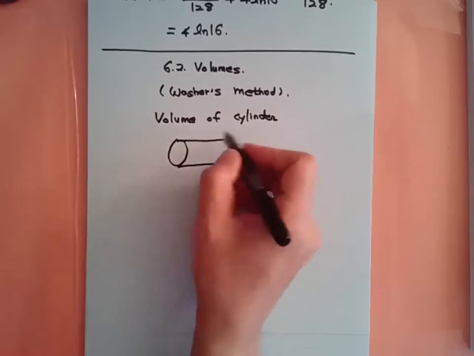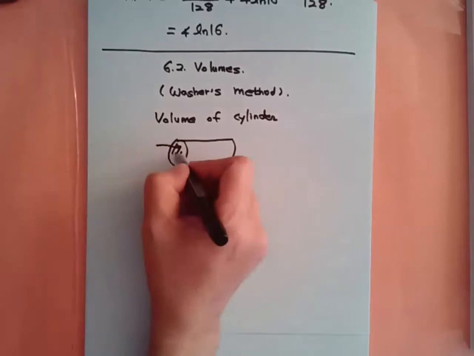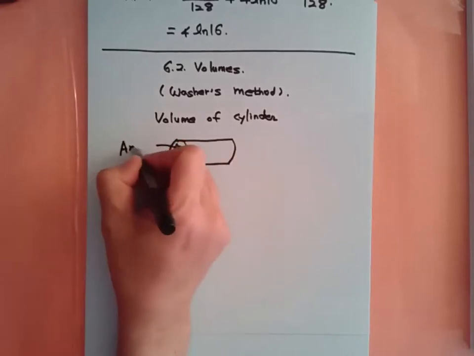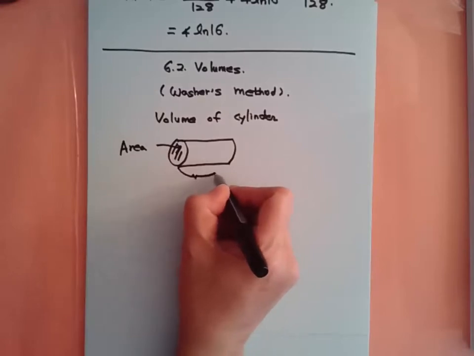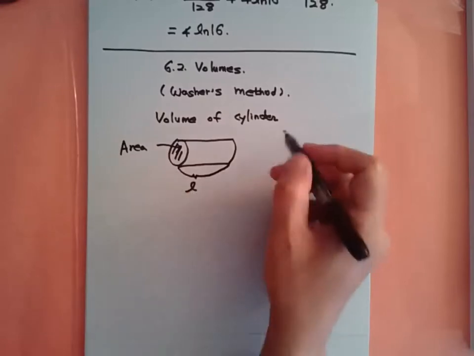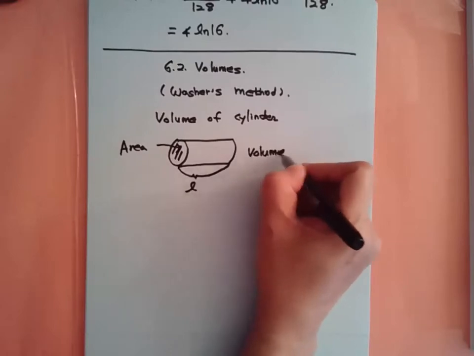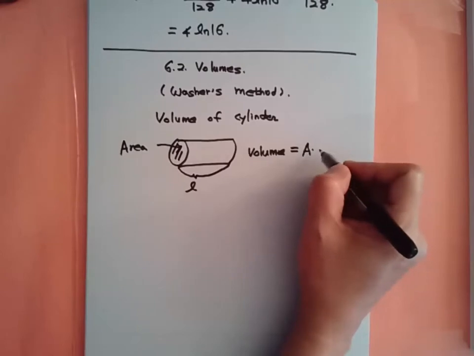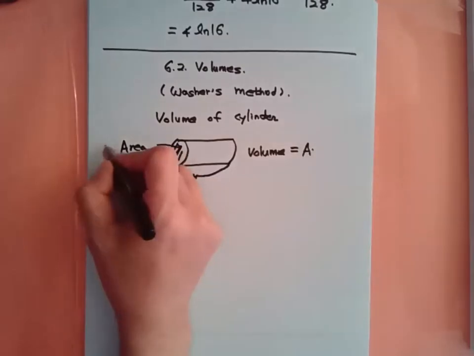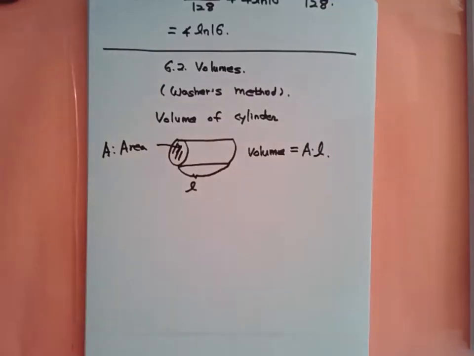Then you can calculate the area of the bottom, and this is the length. Then the volume is A, area of the bottom, times the length, A times L.